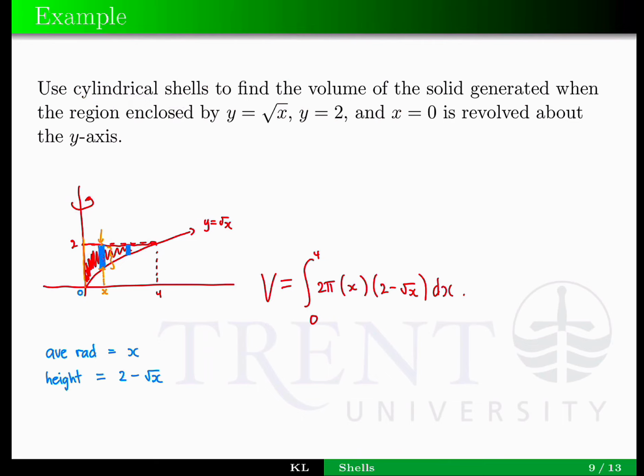Take note that in the previous video, this is the same solid as in one of the examples before, but the method that we used there was the method of disk. Since we are getting the volume of the same solid, the volume that you should have obtained in the previous video must be the same as this volume. So try to compare their final answers.